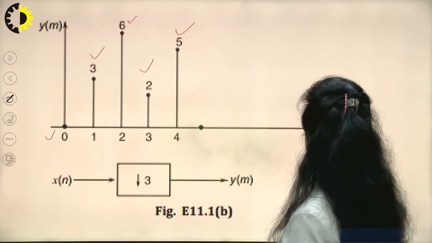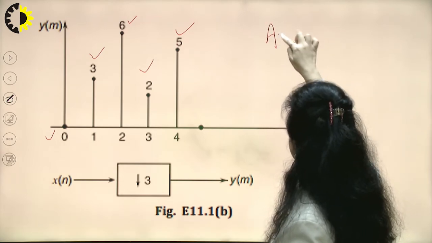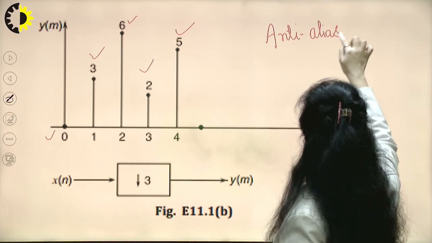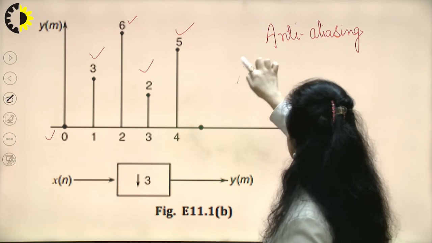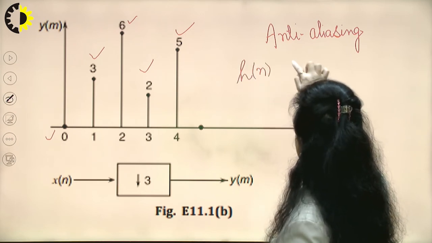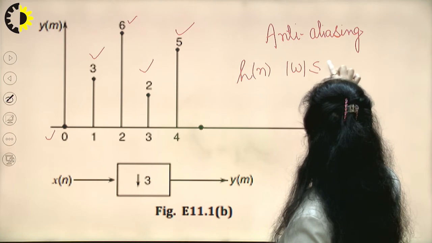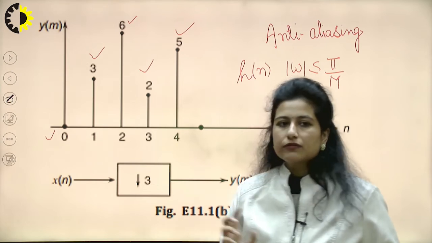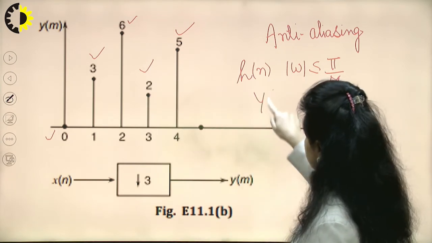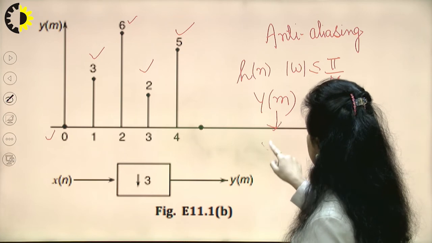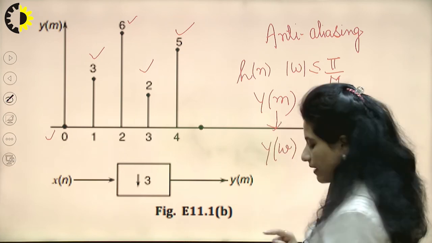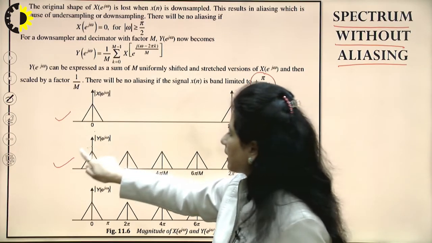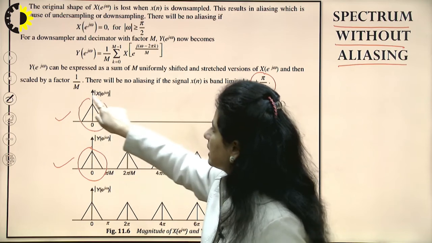But because we have kept the anti-aliasing condition by choosing the low pass filter H[n] to have a spectrum in the frequency range minus pi by M to plus pi by M, the spectrum which I obtain for this y[m], the corresponding Y(omega), when plotted, would look like the spectrum of the given signal.